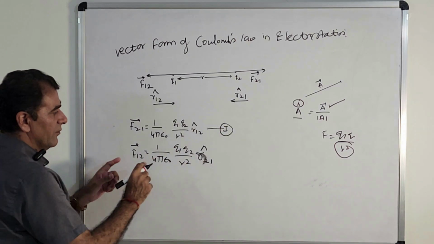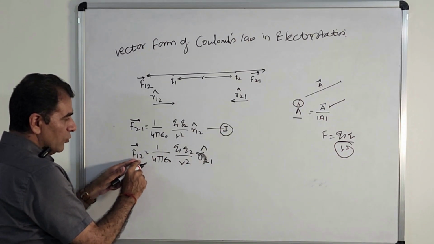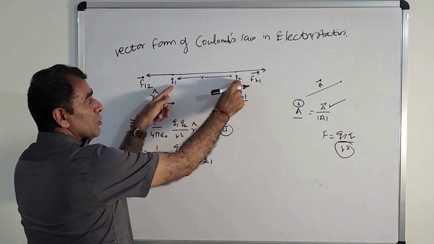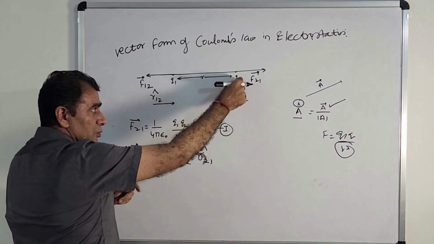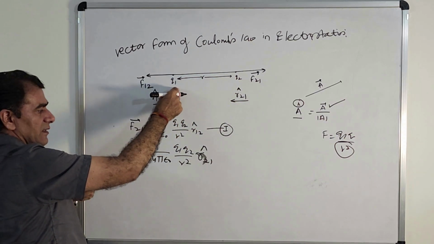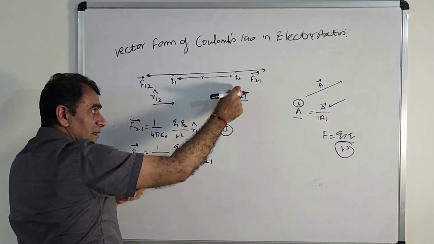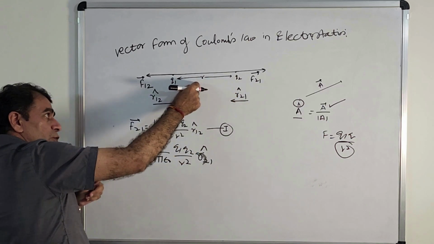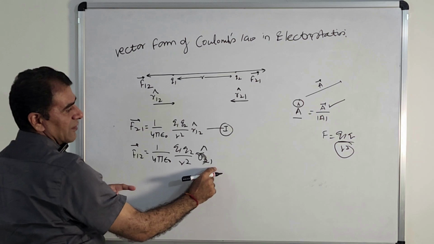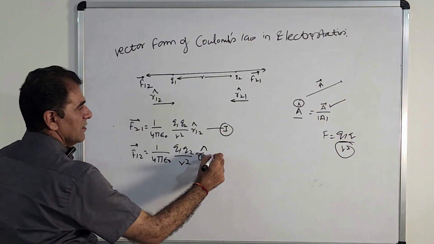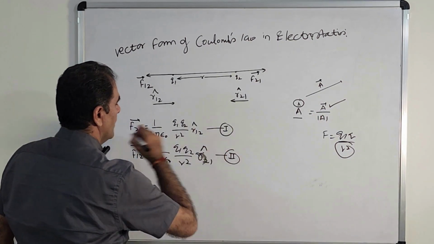F12 means force on 1 due to 2, means in this direction. This Q2 is exerting force here. So the vector R will be from 2 to 1, like in this direction. Okay. That's why I have taken 2, 1. So this is equation number 2.